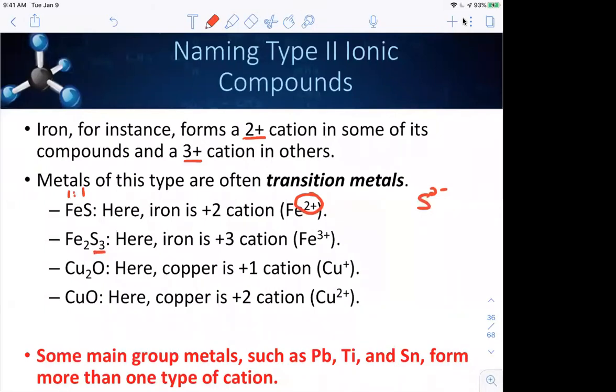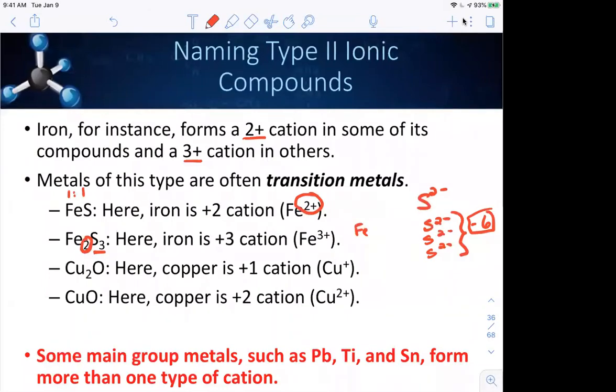Here, I know that sulfur is always -2, and I have 3 of them, so that gives me a -6 charge overall. Let me make that more clearly negative because it looks kind of positive. A -6 charge. Well, I have 2 irons.